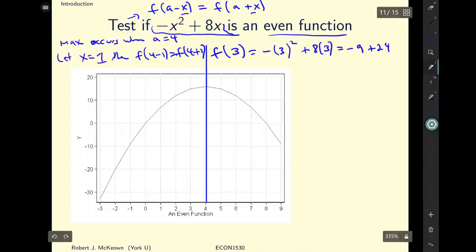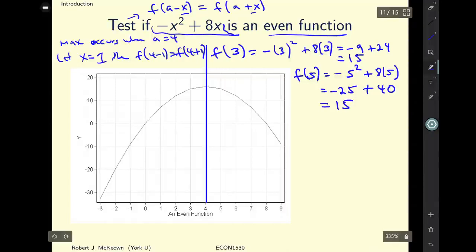This is f of 3. Now f of 5 is equal to negative 5 squared plus 8 times 5. And that gives me negative 25 plus 40. If I go up here and finish this, I get 15. And down here, I get 15.